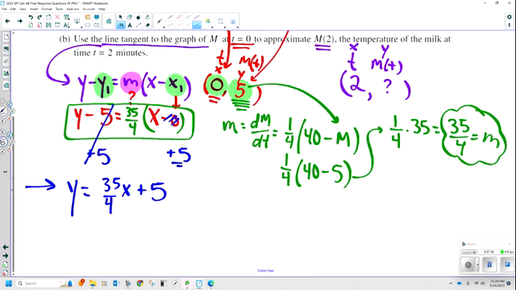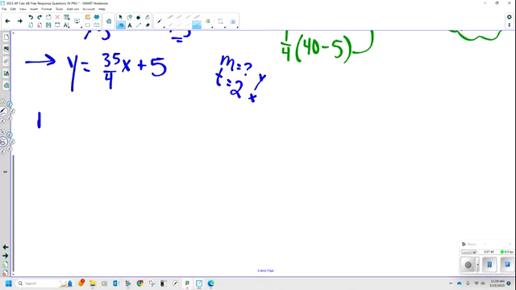Now, we want m of 2. I want my m value, which is the same thing as my y, when my time is 2, which is pretty much my x in this situation. Okay? So m of 2 is going to be 35 over 4 times 2 plus 5.